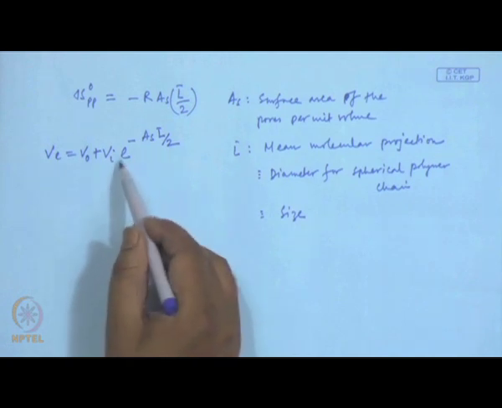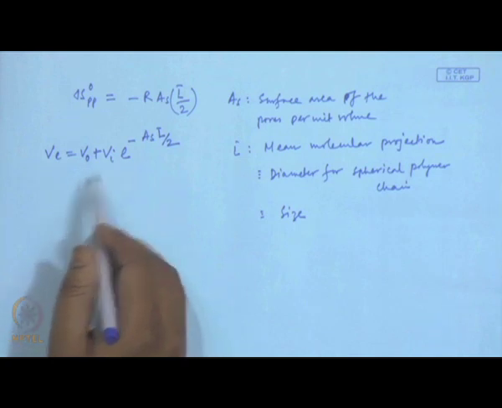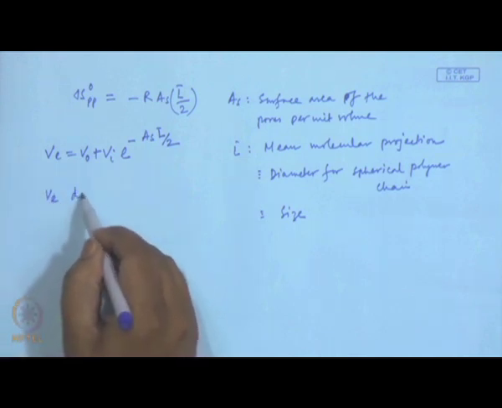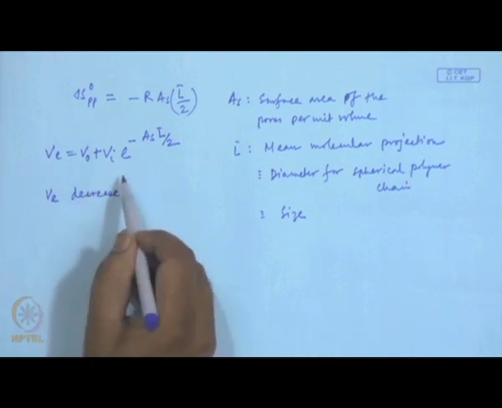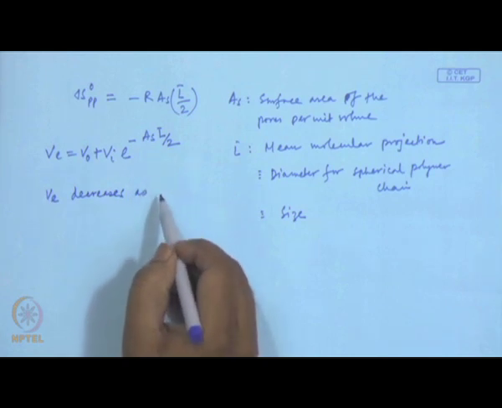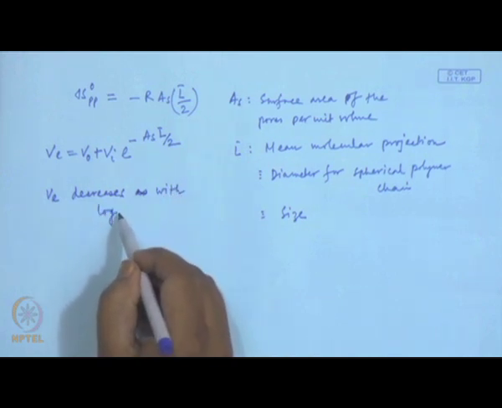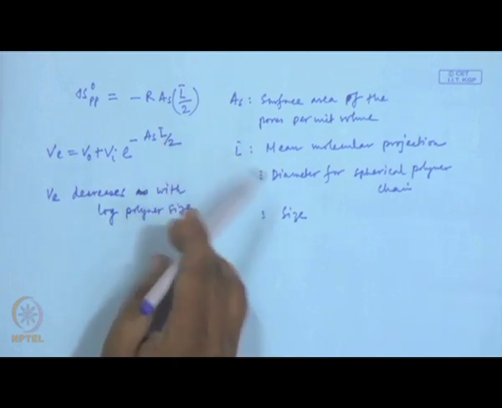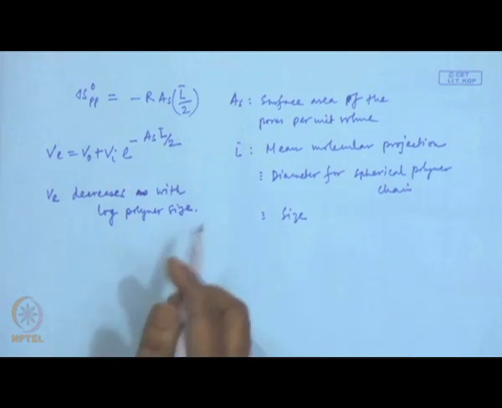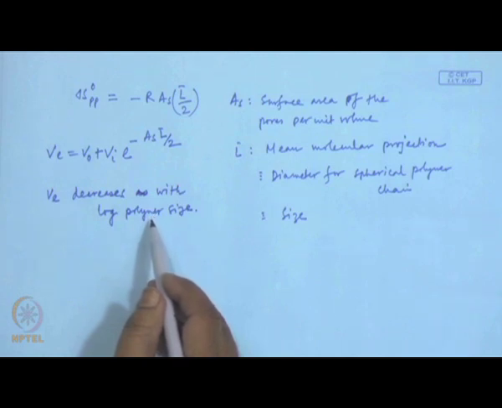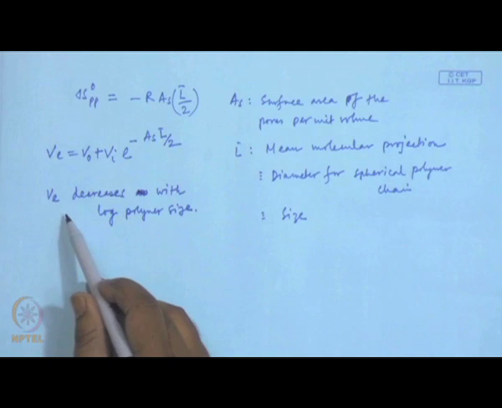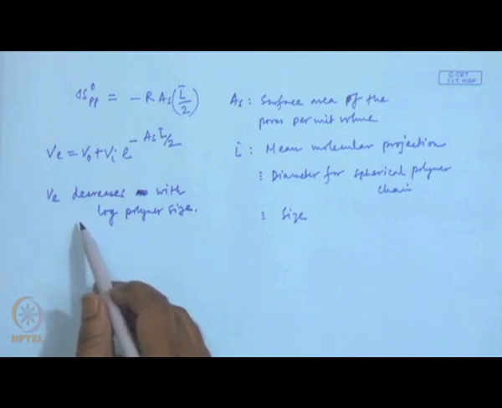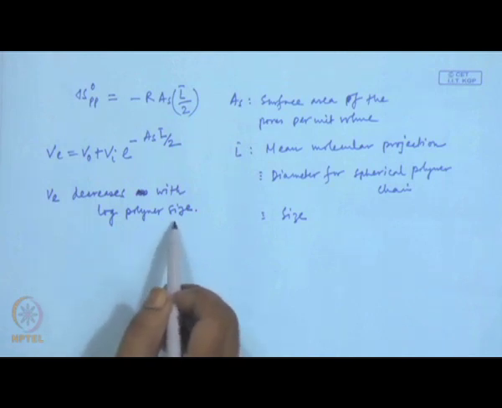This is the expression, and it shows that V_E decreases with the log of polymer size, L. So, this expression tells us that V_E decreases linearly with the polymer size.